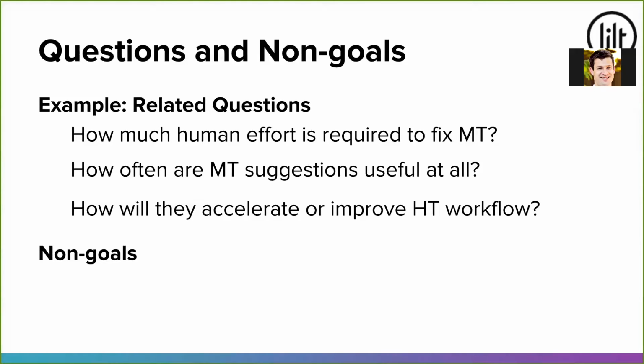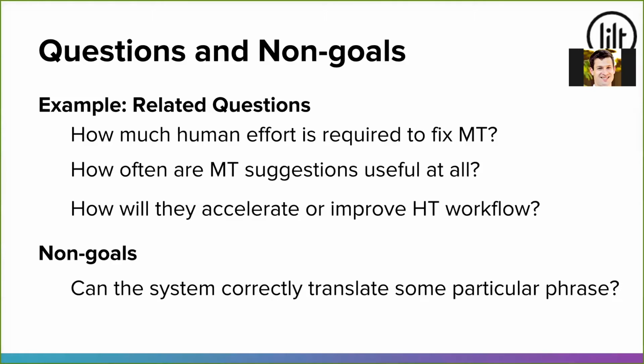Now, some things that we're not going to be asking as part of these evaluations are, can the system correctly translate some particular word or phrase? This is what we most often see in the way people look at MT systems in a human translation workflow: I've got some content type, whatever it may be, I put some examples into the MT system and start to look at particular words and phrases to see whether it gets them right.